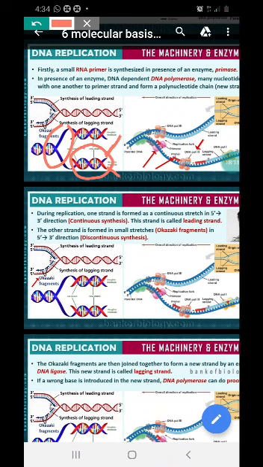It is called semi-conservative replication. Okay, right. So children, the continuous synthesis strand is also called the leading strand, and the other strand is called the lagging strand.